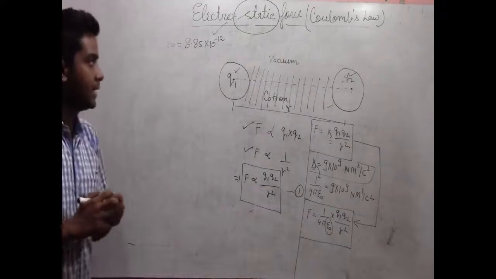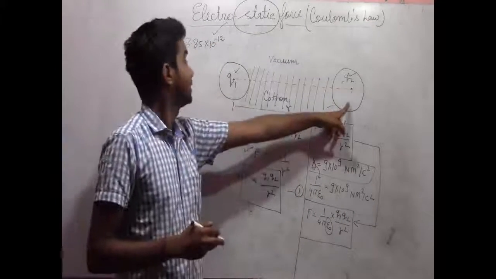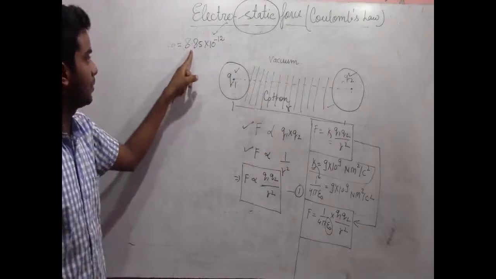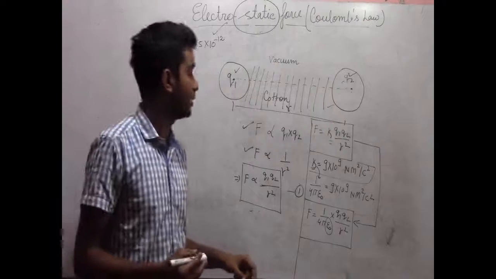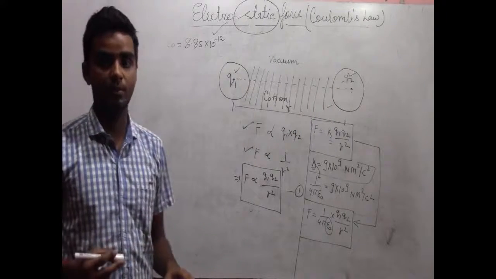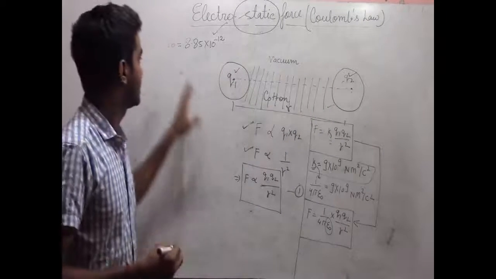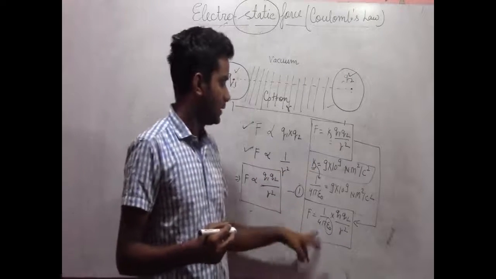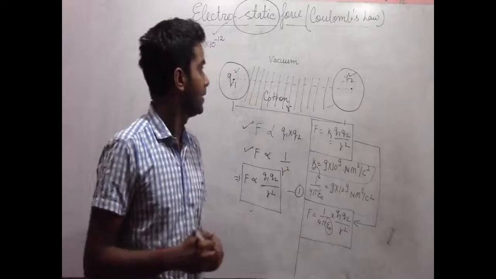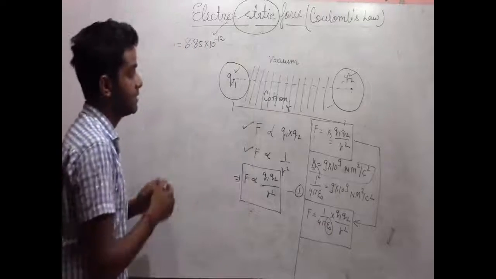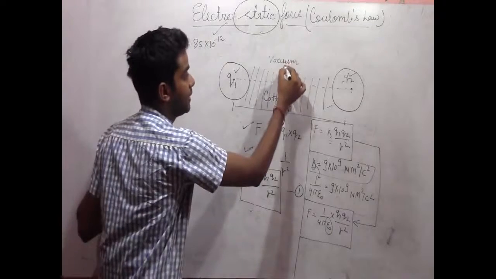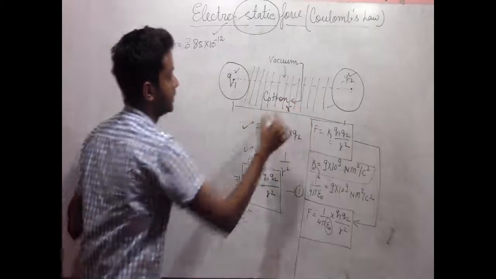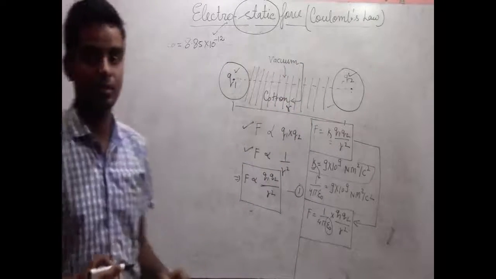This is the value of epsilon naught. The unit you may calculate from here. Next, if you change the medium between the charges from vacuum to cotton, this value changes.